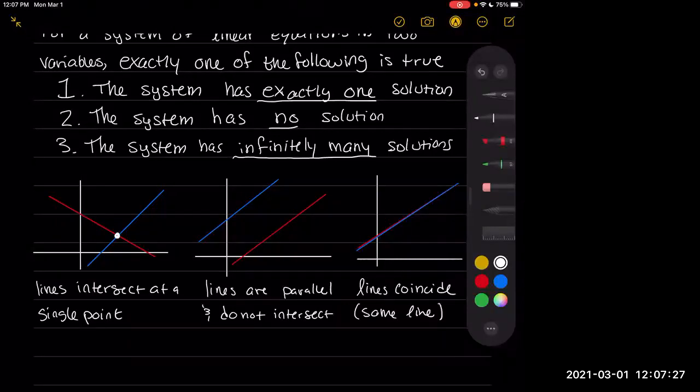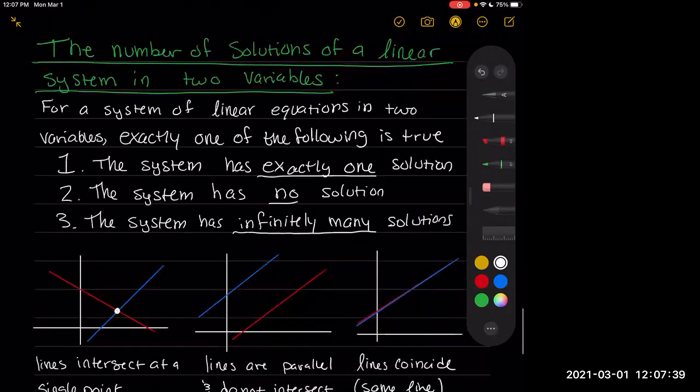So here, at every single point of the line, they are the same. So there's an infinite number of points where they're exactly the same because the lines are just the same. So this is when we have two variables. That's very important here, because that means we're looking at lines on graphs.